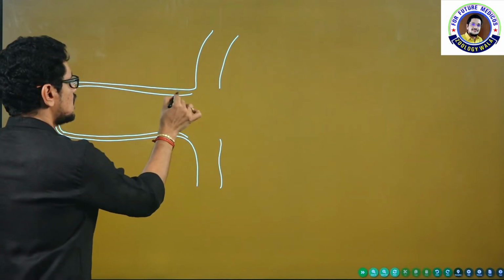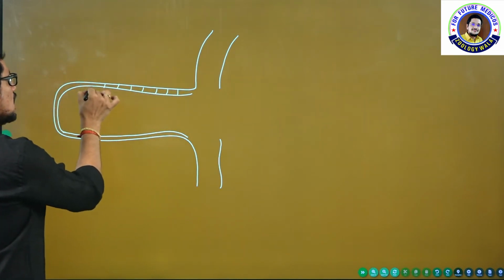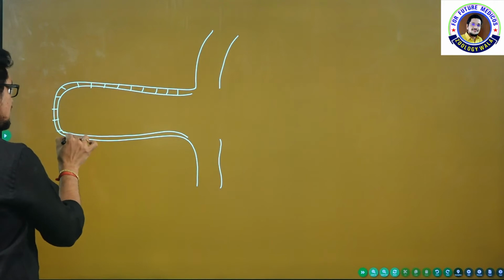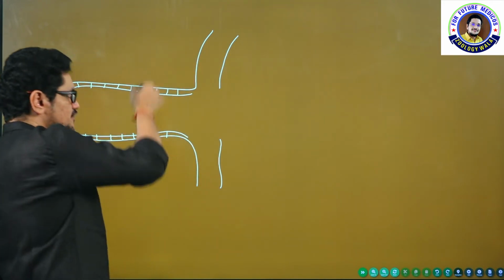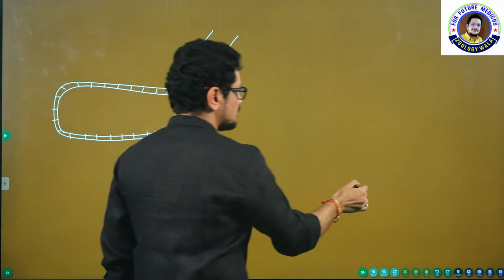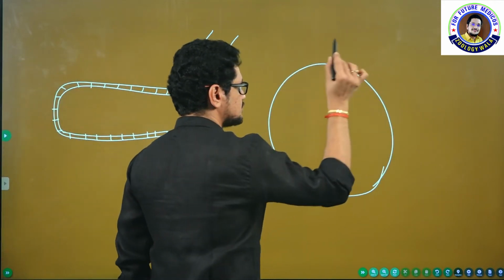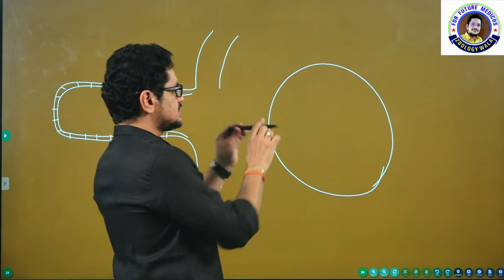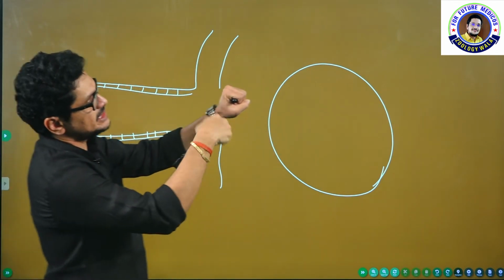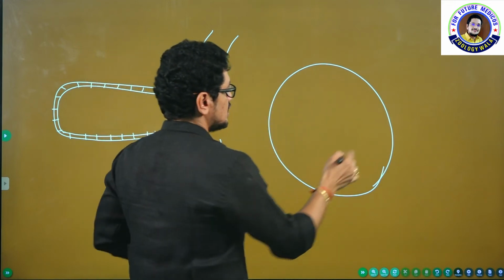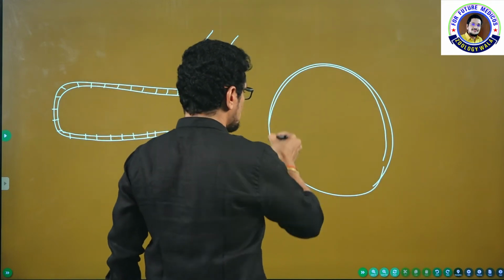What are the cells present in the wall of this Malpighian tubule? Let me take a section of the Malpighian tubule. If you cut it, it looks like a pen marker, and the section appears circular. So this is the wall of the Malpighian tubule.